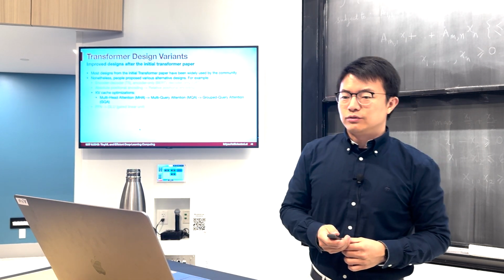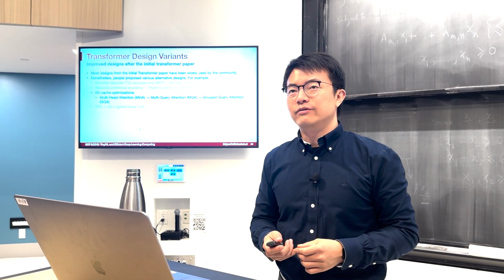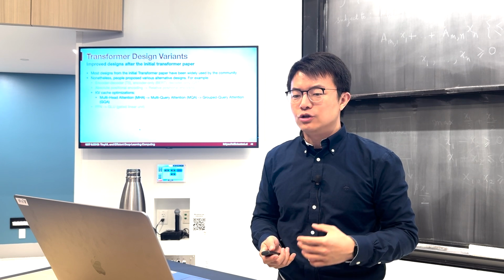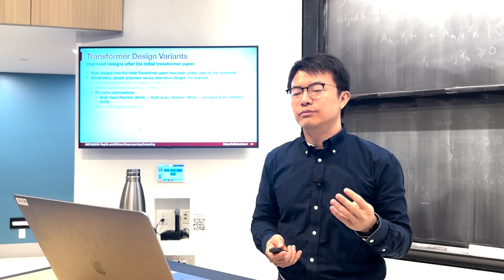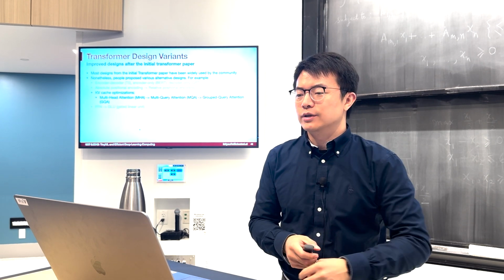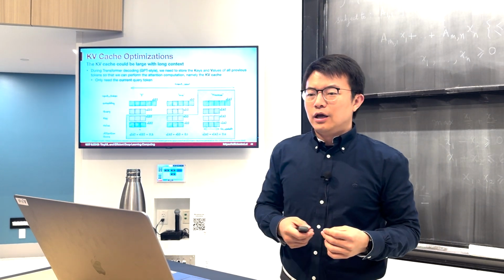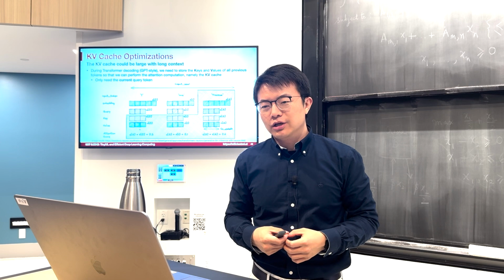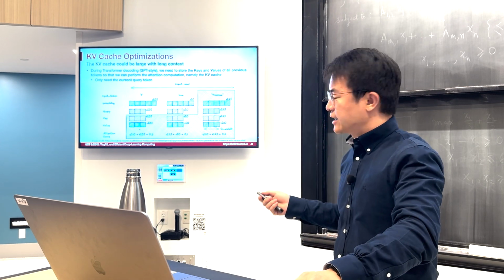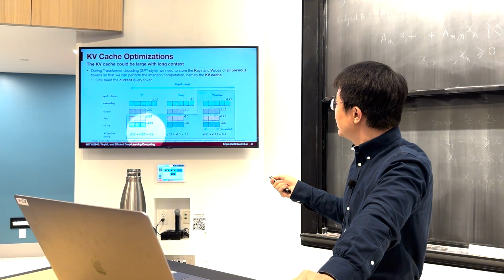Okay, so that's position encoding, and now let's talk about the KV cache. I'll introduce multi-head attention, multi-query attention, and also grouped query attention. The KV cache can be pretty large in the long context case. Let's see this example.